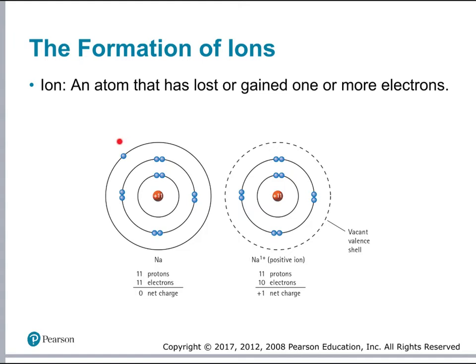If you were to rip this extra electron away, it would be gone, and what you would have would be the electrons with 2 in the inner shell, 8 in the outer shell, and that would give you a total of 10 electrons, but you'd still have 11 protons in the nucleus, and so that would give you a +1 net charge, the charge of one extra proton.